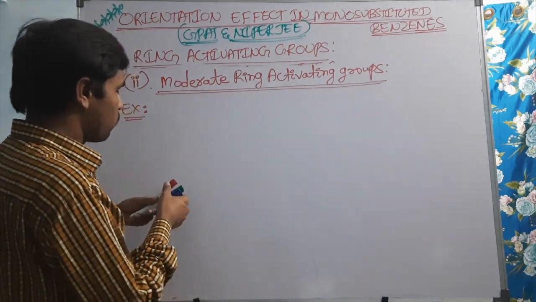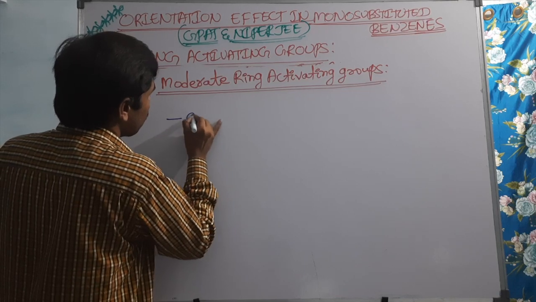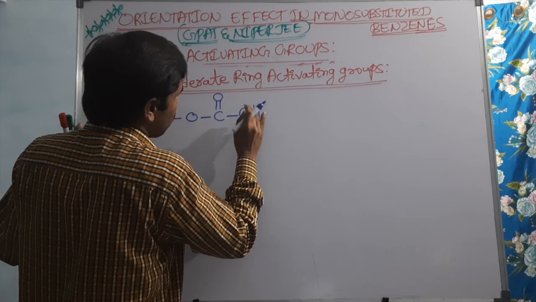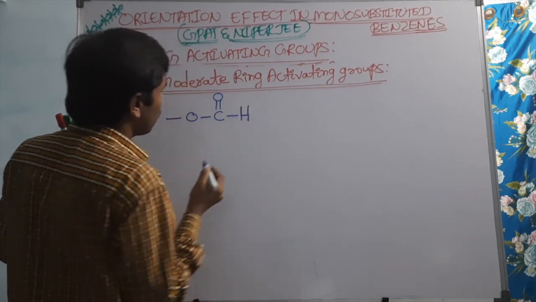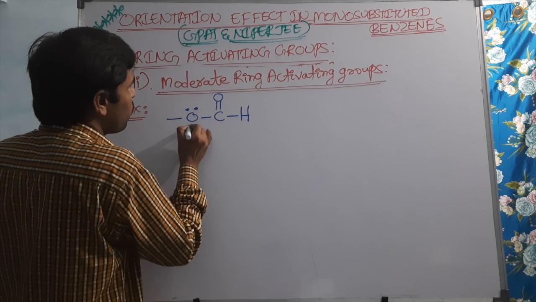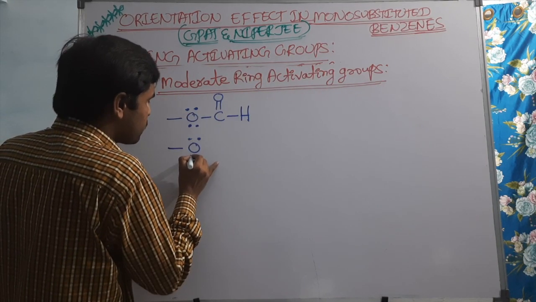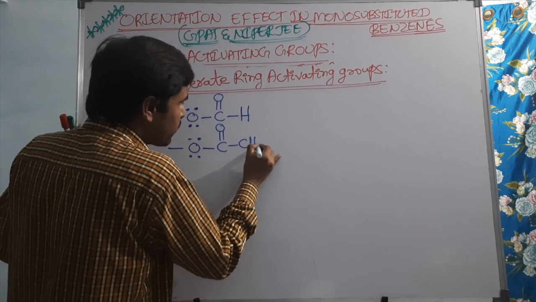Now, what are the examples? This is the compound. Another compound is O, C double bond O CH3.